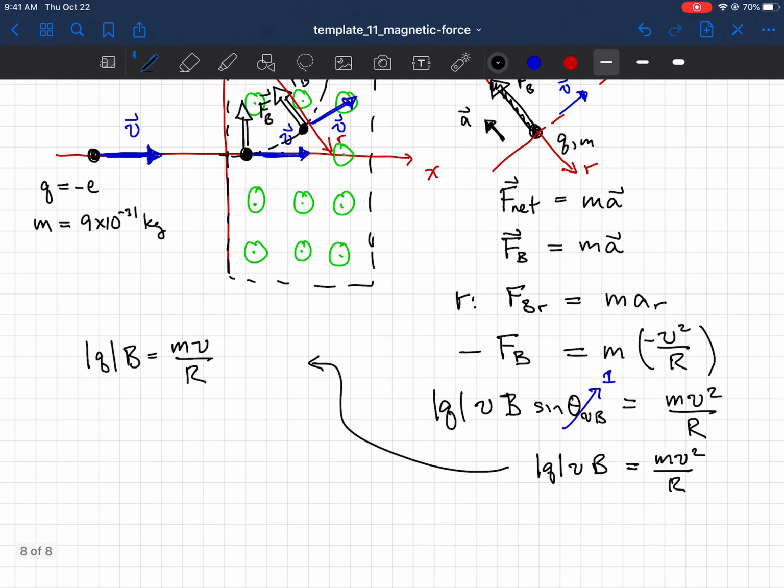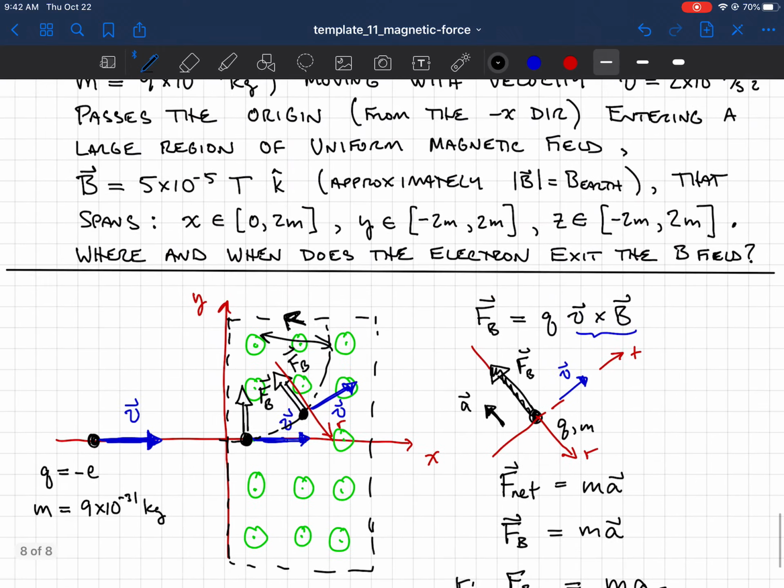Okay, so let's see. What do we get from that? Well, one thing that we can derive is the r value. So the r value is going to be equal to mv over qb. And let's just type that number in. So m is 9 times 10 to the minus 31. Q is 1.6 times 10 to the minus 19.